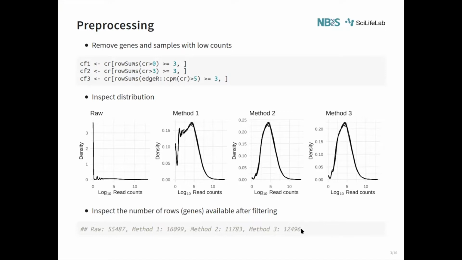Again, it depends on the data set. If 90% is really bad, then it's probably better to keep the better ones. So it depends. In this case, we start with 55,000 genes, and we decide to go with one of these methods, and this is how different they are after filtering.